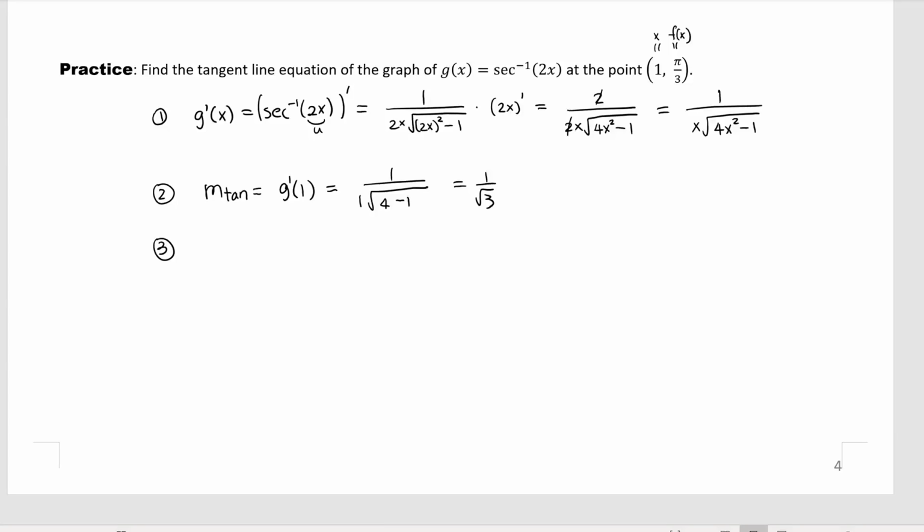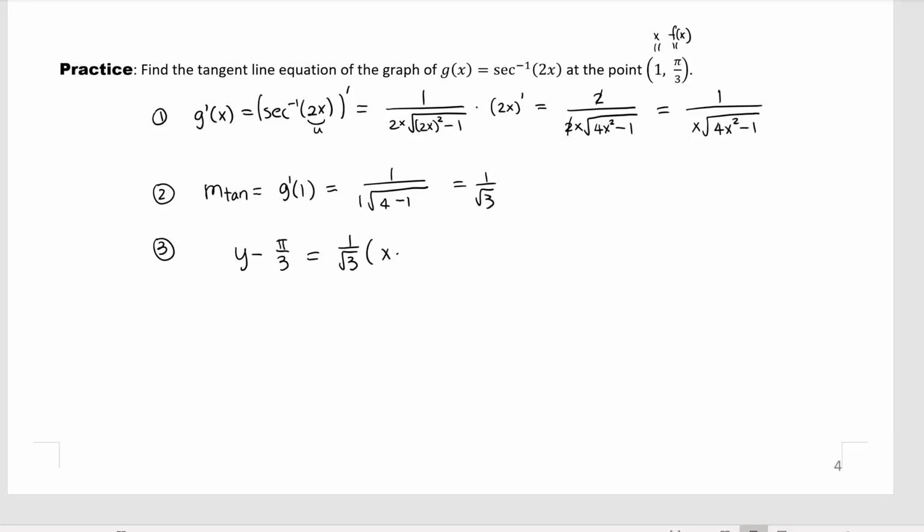Okay, so what is the tangent line equation? Right, point slope form. What is point slope form? What is the slope? Yeah, m tangent. What is the point? Right, we have the points. So we have y minus the y coordinates of the points, which is pi over 3 equals to the slope 1 over square root of 3.